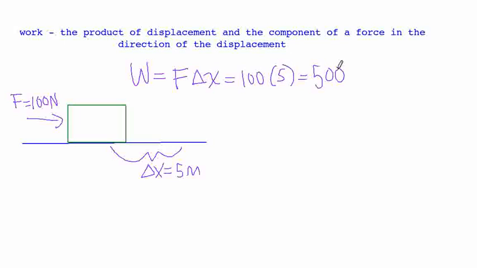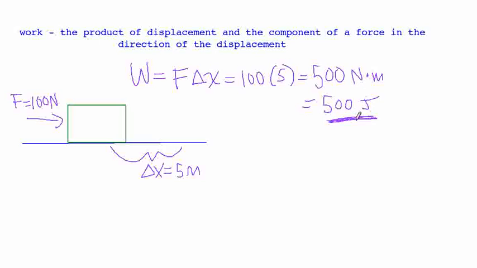And the units are the units of force times displacement or distance, so 500 newton meters. And in honor of a famous scientist that studied energy called Joule, we refer to these newton meters as joules.